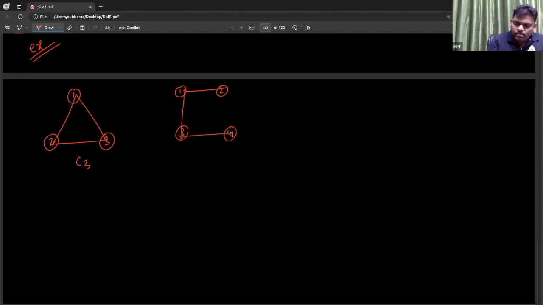It is also a cyclic graph. It is a C5. It is a C4.